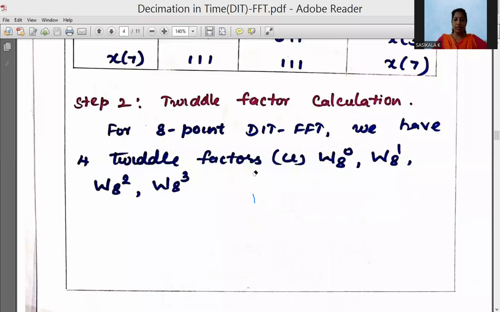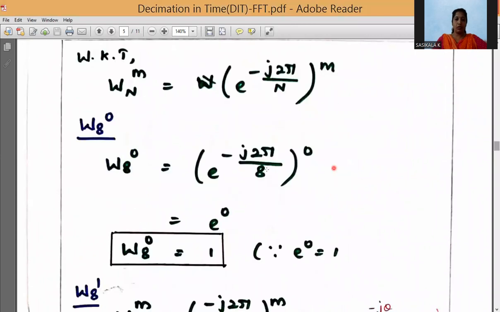So we need to find the twiddle factors. First, to find the twiddle factor W8 power 0, we know the formula for the twiddle factor: W n power m can be written as e power minus j 2 pi by n, the whole power m.